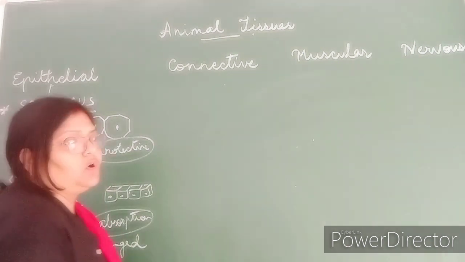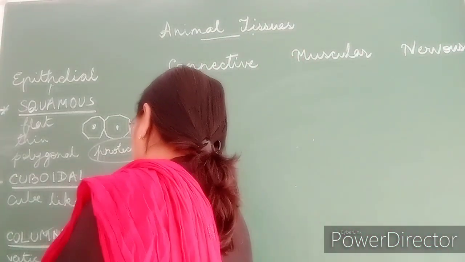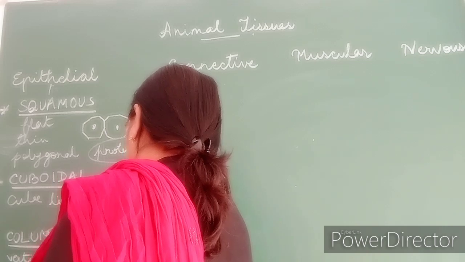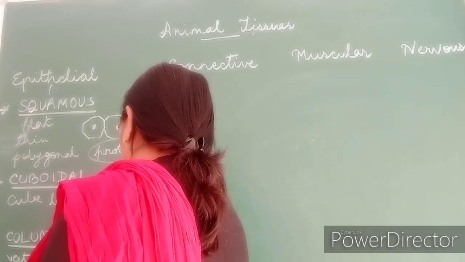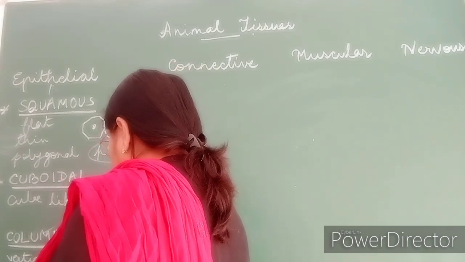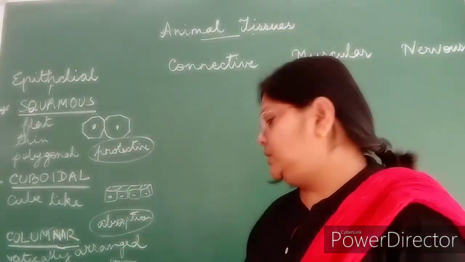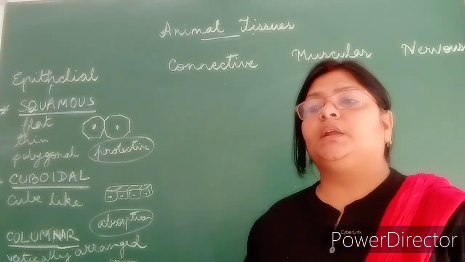So how to draw columnar epithelium? Just you draw some cells, parallel lines. Now just join the upper part. See that the nucleus is a little down there. This forms the columnar epithelium, which is tall and vertically arranged.